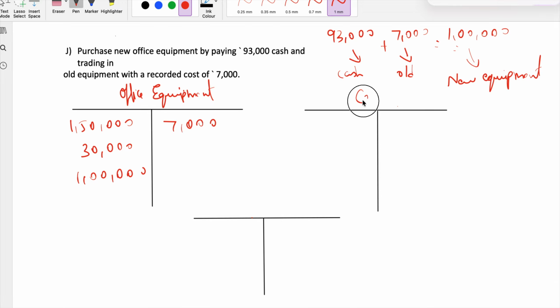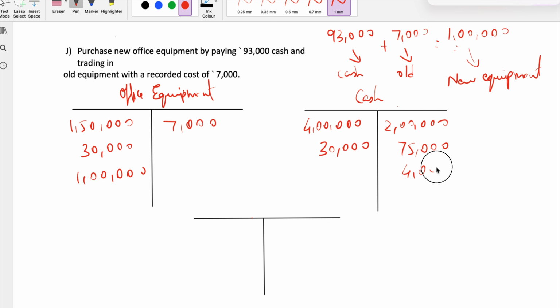And this side in cash account, what happens? 4 lakh 30,000, here 2 lakh 75,000, 4,000, 12,000, and now 93,000 is being paid as cash. Okay, so there is a decrease in the value of asset, we are crediting it.